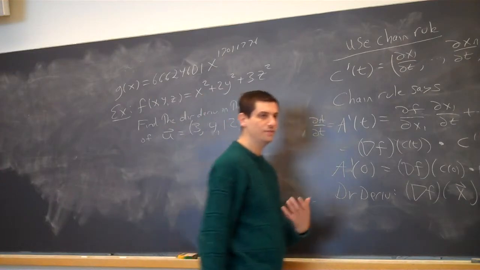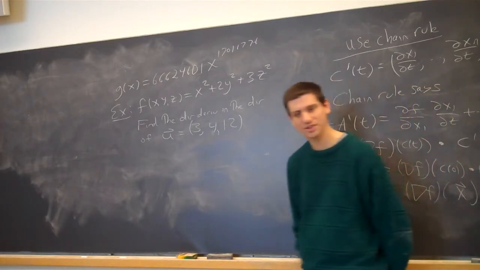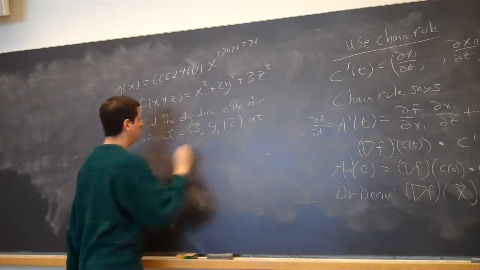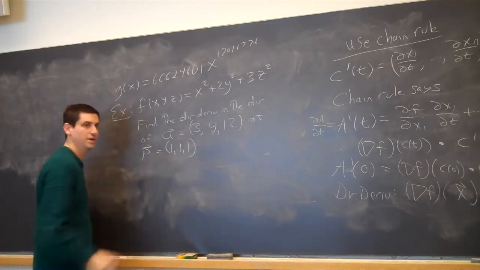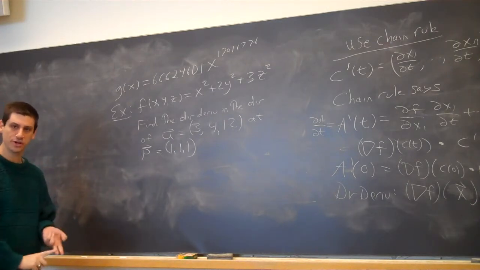Have I given you enough information to solve this problem? Do you need a point? You do need a point. So let's take the point p equals 1, 1, 1. Right? I need several pieces of information. I clearly need the function, I clearly need the direction, I also need the point.